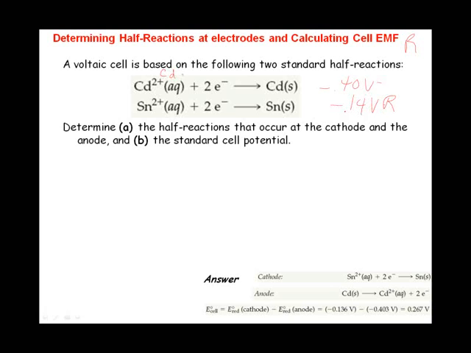So Cd is going to become cadmium 2 plus 2 electrons, and that will be a positive 0.4 volts. So the overall is going to be the difference, which will be 0.26 volts. And it wants to know which is the cathode and the anode. Here I am gaining electrons.